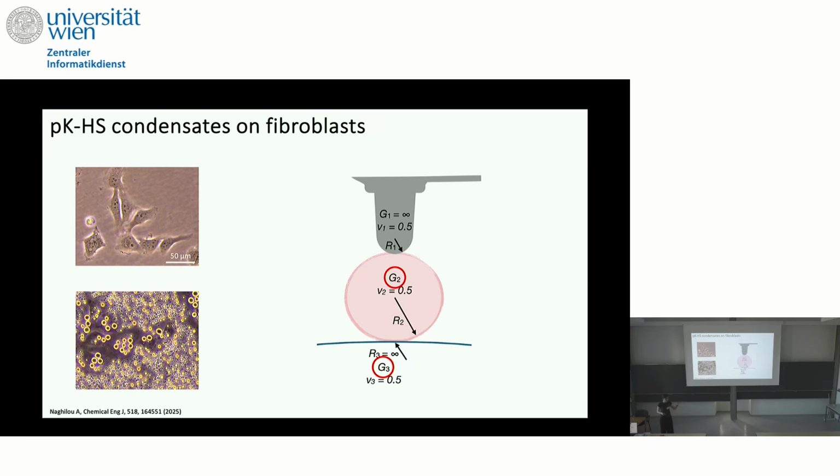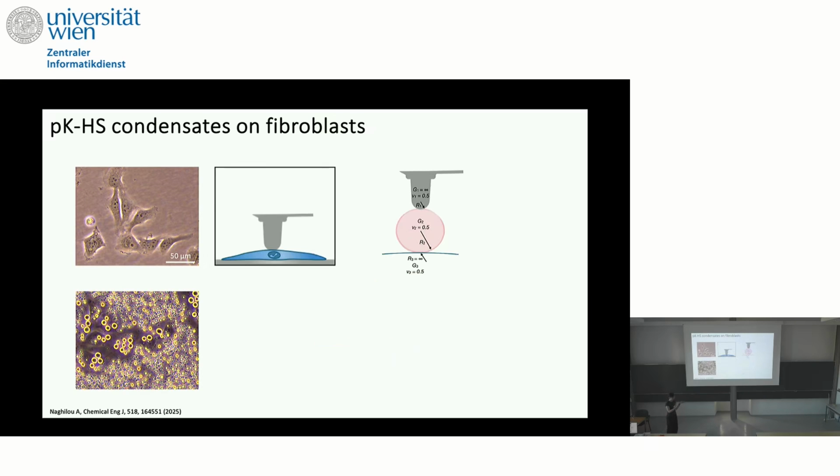But this was actually no drama because you can measure the rheological properties of the cell beforehand. And this is what we did. We first probed the cells, we did rheology, and then we introduced what we call a stacked Hertzian model. So it actually takes into consideration the indentation of the surface at each frequency.